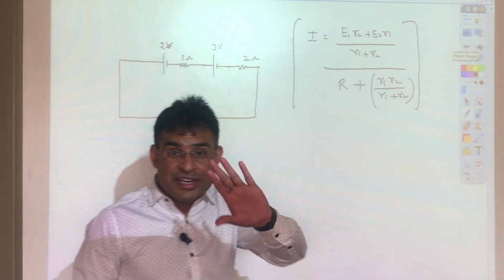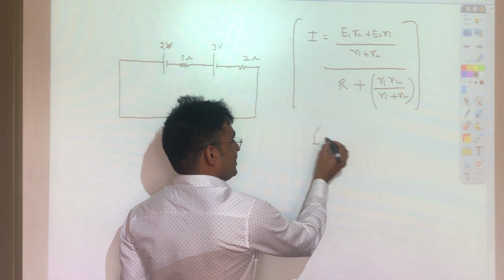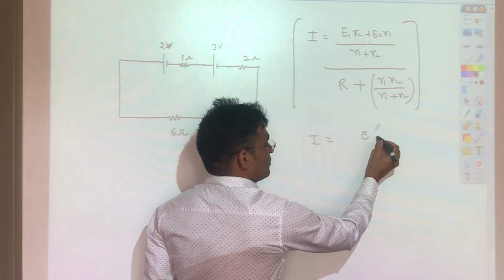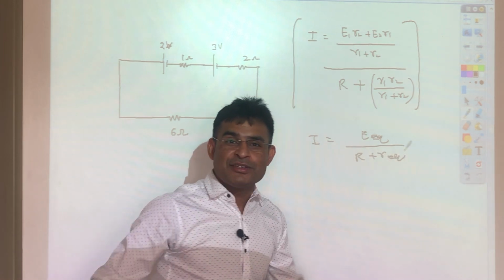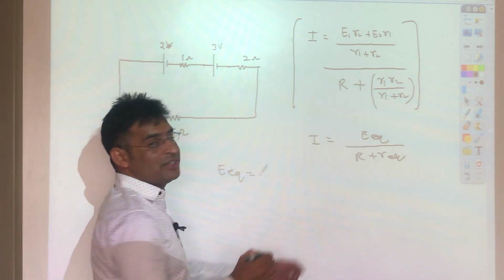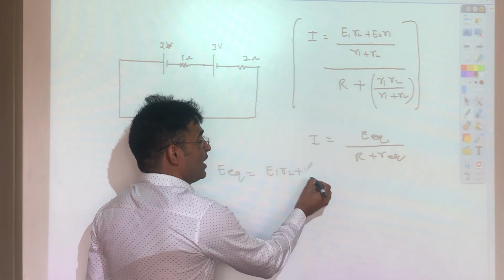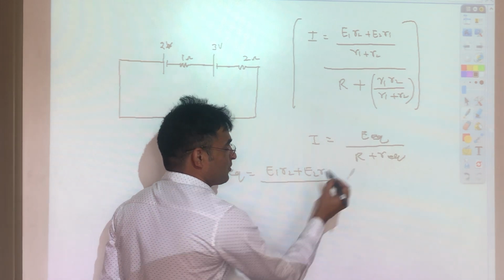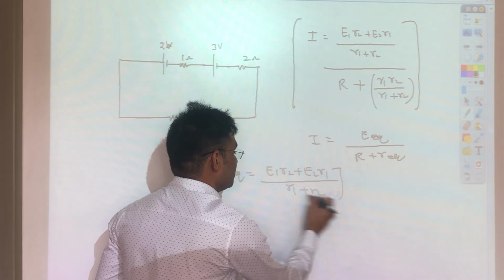Now, if I compare this formula with E equivalent over R plus R equivalent, what will I get? E equivalent is equal to E1 R2 plus E2 R1 divided by R1 plus R2. This is E equivalent.